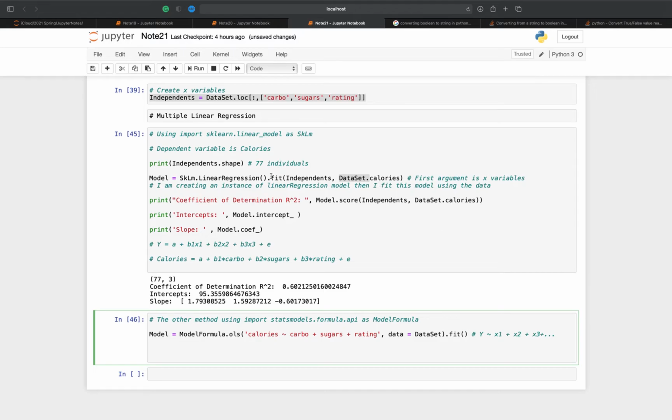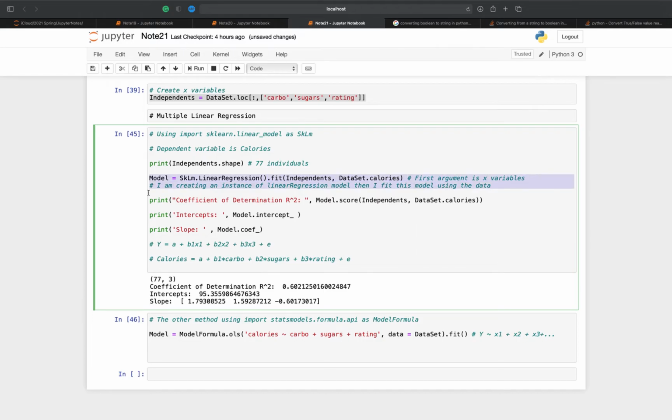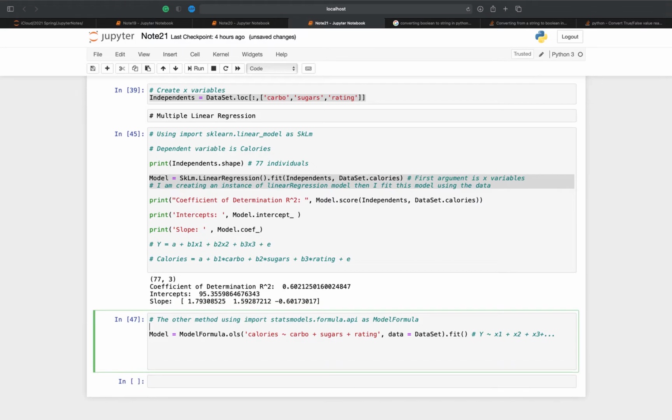Like here, we use dot fit, but inside this fit, we have to write x and y, because this method is totally different from the method I'm using now. So we create the model and fit the model at the same time, right?